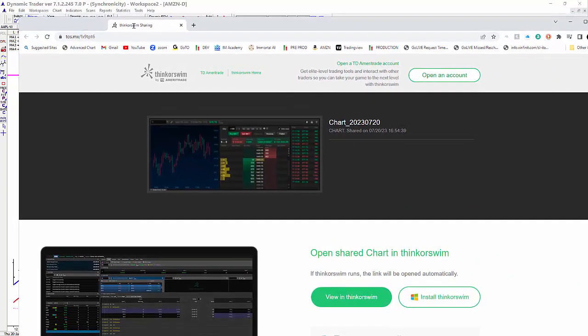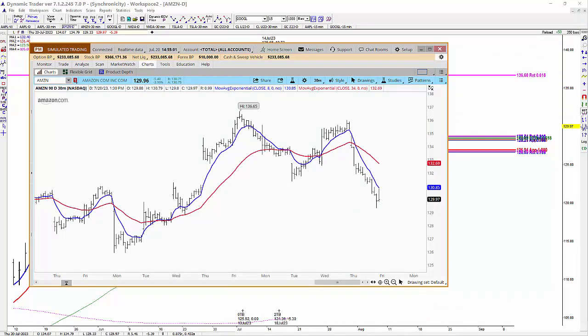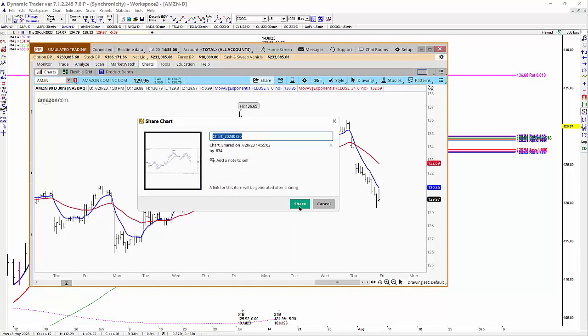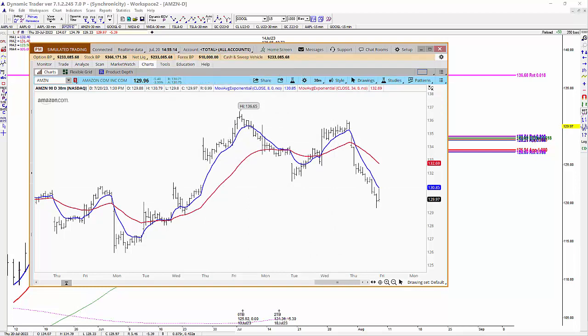Why don't they make it simple? I don't know where the URL went, so let's try it again. Okay, well, that's all. That's what it gave me.